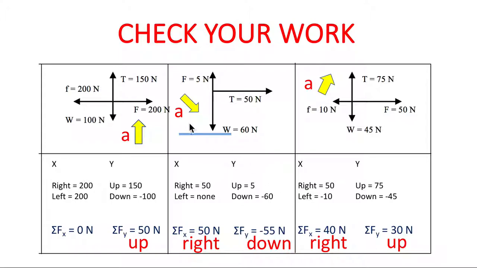This means the object will accelerate at an angle that points down to the right. In the last example, the x dimension is 40, the y dimension is 30. If we put these together, we see that the acceleration of the object will angle up to the right.